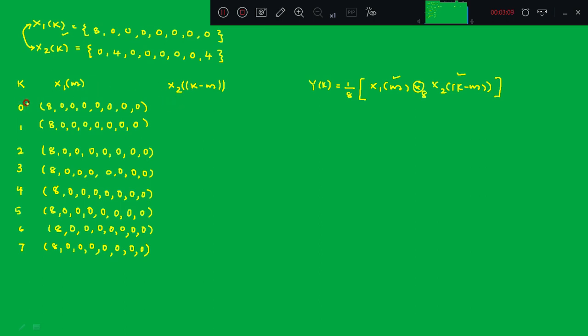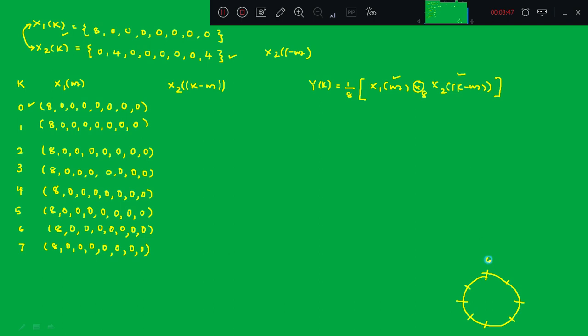If I substitute k is equal to 0 here, what will you get? X2 of minus m, meaning the folded sequence of X2 of m. Here I will draw a concentric circle and locate 8 points over it, starting from here in the clockwise direction.